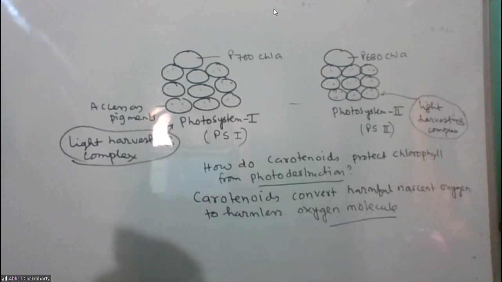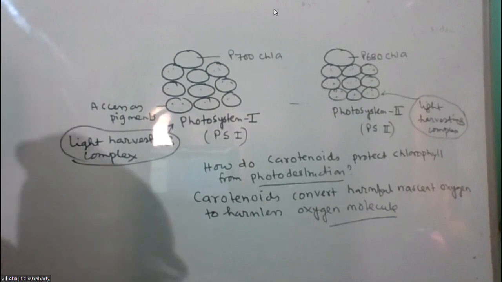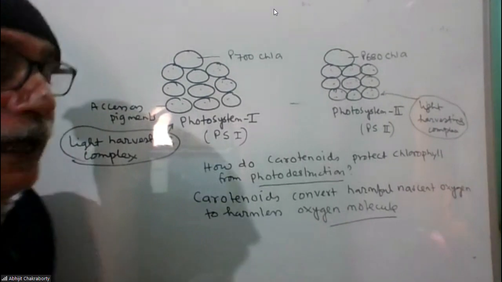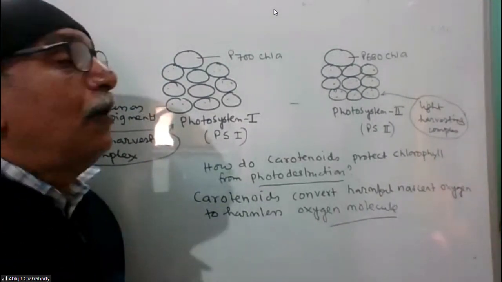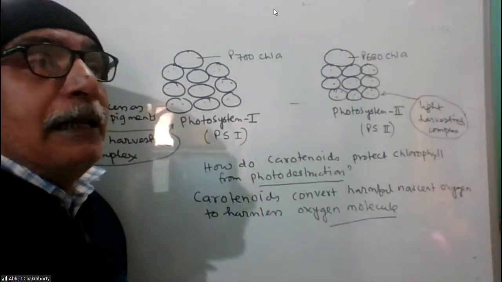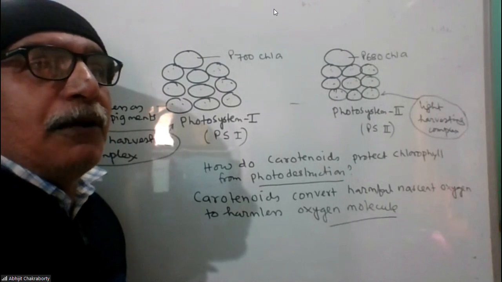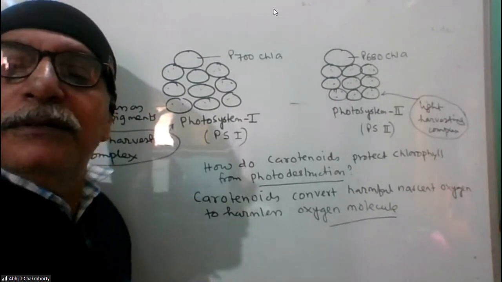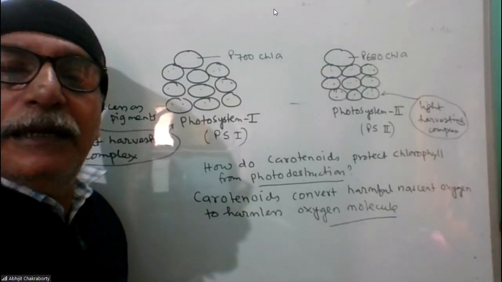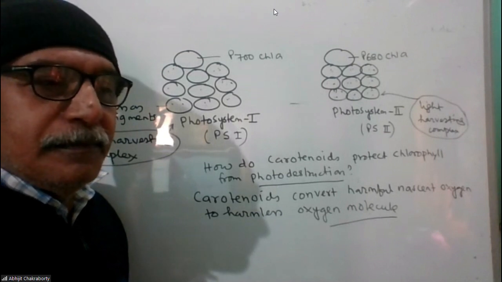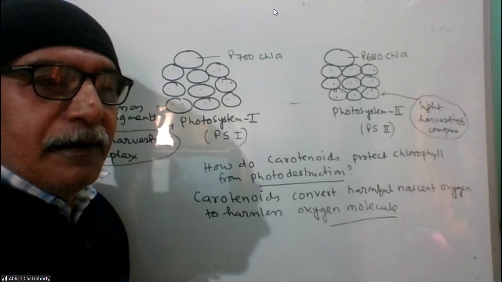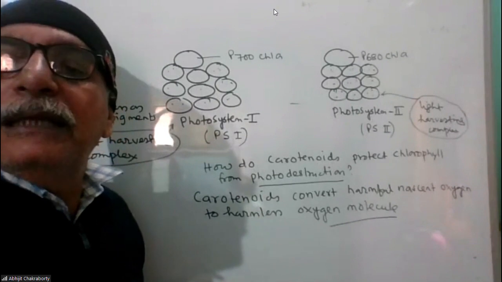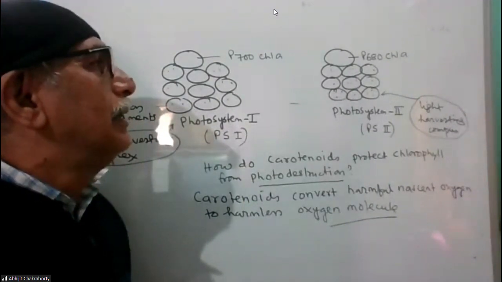Sir, is the light harvesting complex also called antenna? Now, the light harvesting complex, the whole. The accessory pigments of the light harvesting complex are called antenna molecules or antenna chlorophyll molecules. Light harvesting complex includes all. That means you will get even P700.